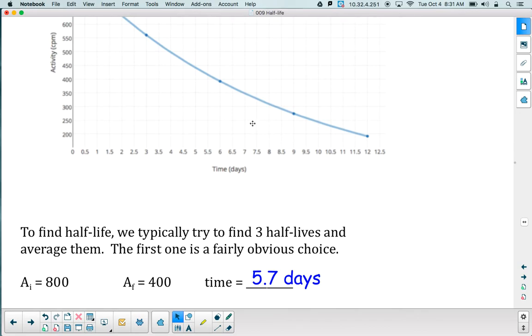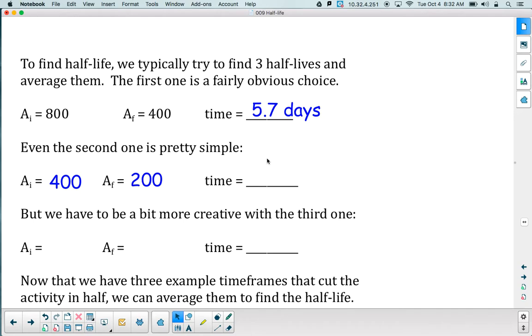We need how long it took to get from 400, which we already decided was 5.7 days, all the way to 200, which looks like we hit 200 at about 11.6-ish or so days.